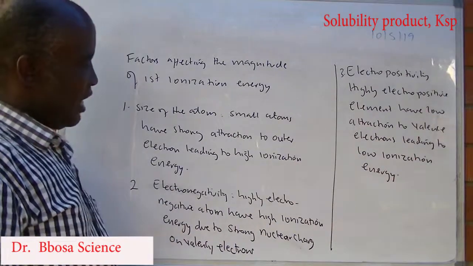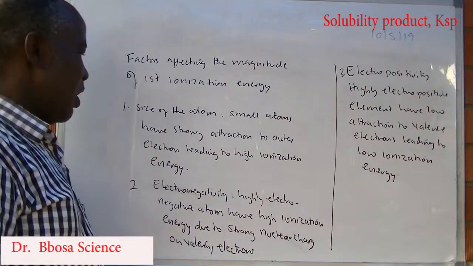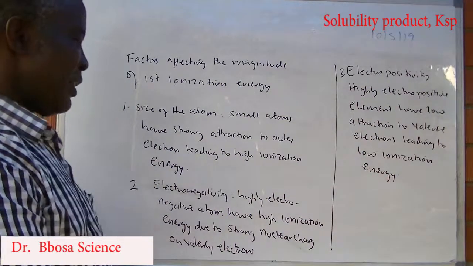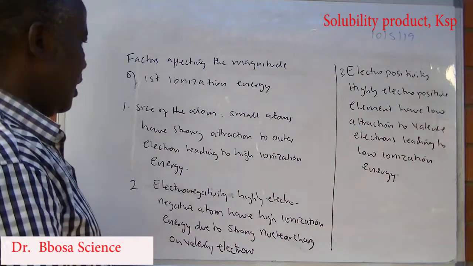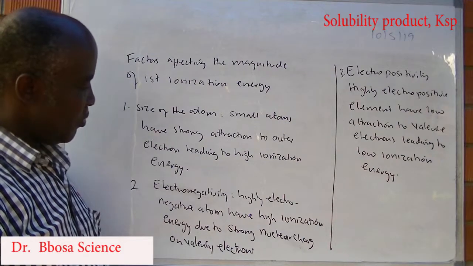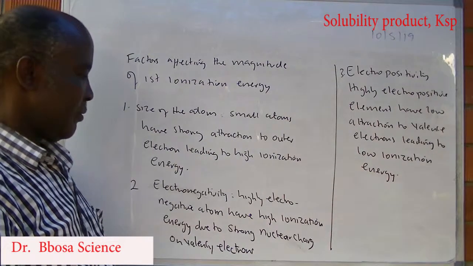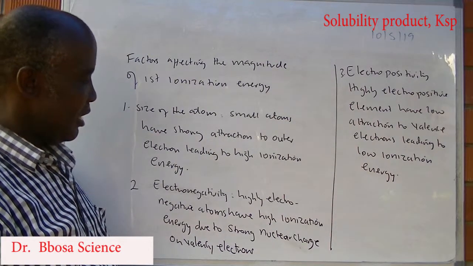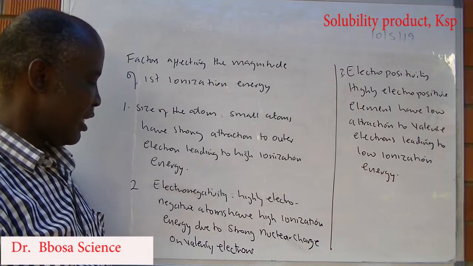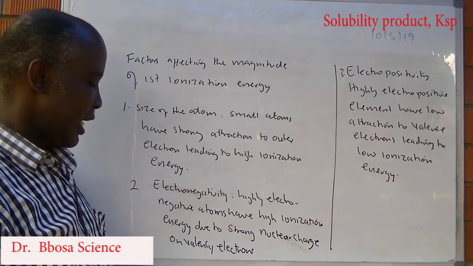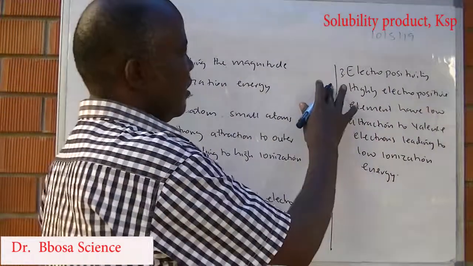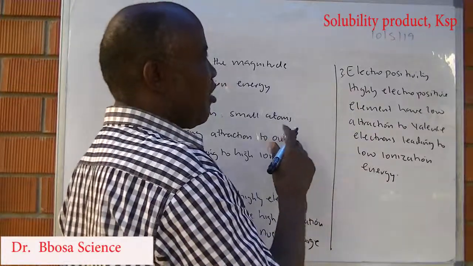1. Size of an atom. Small atoms have strong attraction to outermost electrons, leading to high ionization energy. 2. Electronegativity. Highly electronegative atoms have high ionization energy due to strong nuclear charge on the valence electron. 3. Electropositivity.